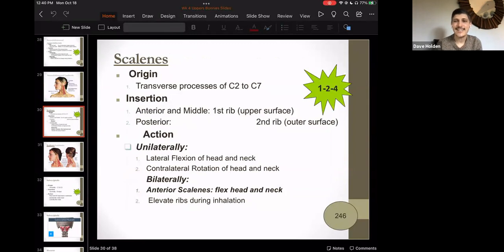Next muscle, scalenes. Oh, we remember these guys. We just talked about these folks. Scalenes. Origin is transverse processes of C2 through C7. So transverse processes of all the cervical vertebrae except the top one. Your anterior and middle scalenes insert on the first rib. The posterior scalene inserts on the second rib.